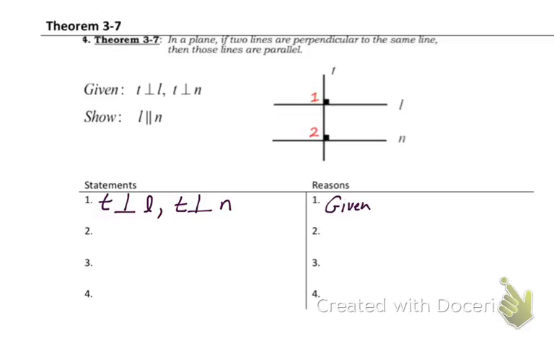It means equal to 90 degrees. They're both equal to 90 degrees. So I can just say measure of angle 1 is equal to 90 degrees, and measure of angle 2 is equal to 90 degrees. That's just their definition of perpendicular lines.